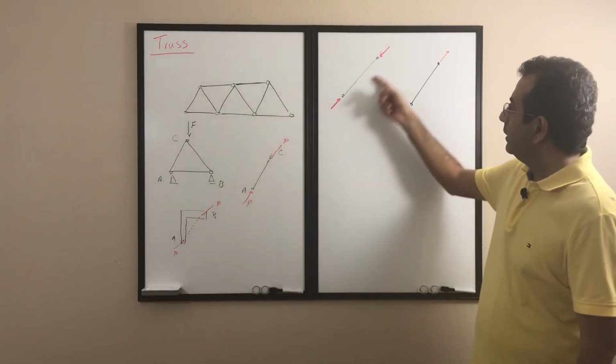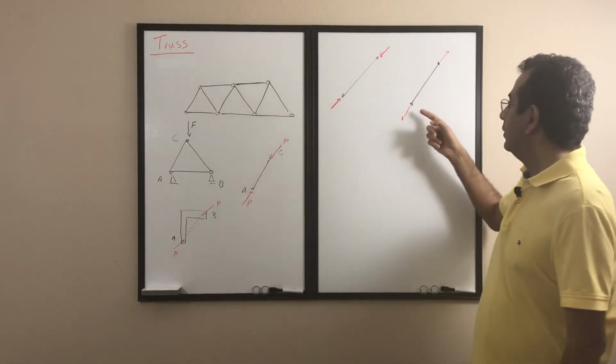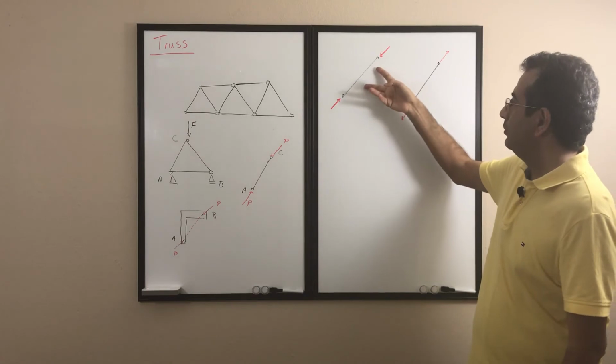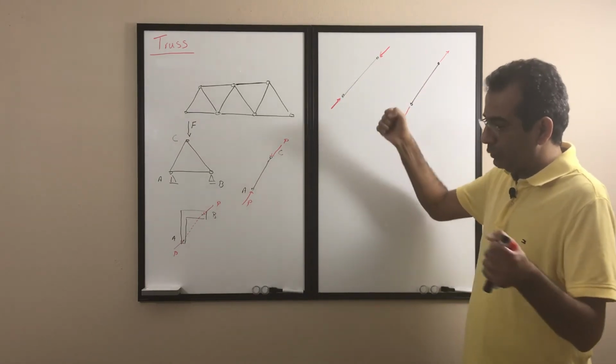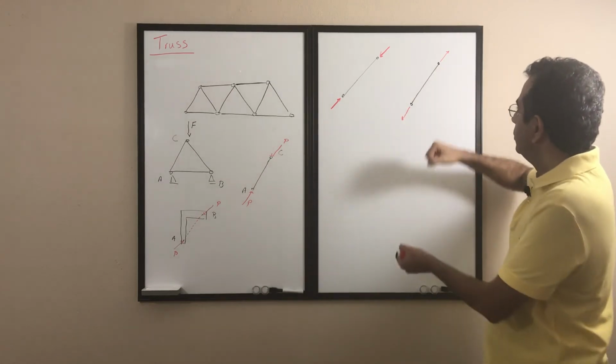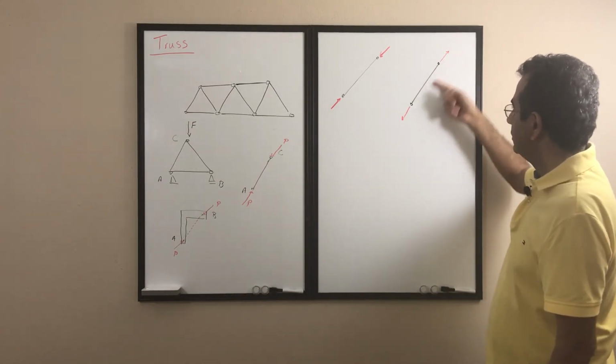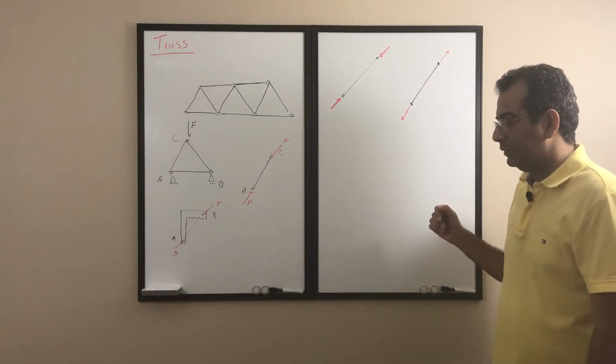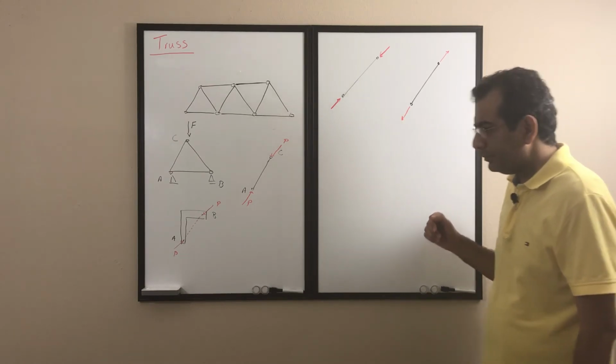It might be compression along the member, or it might be tension along the member. It might push the two ends toward each other, which is going to make it compression, or may pull the ends away from each other, which is going to make it tension. So these are the two cases we have.